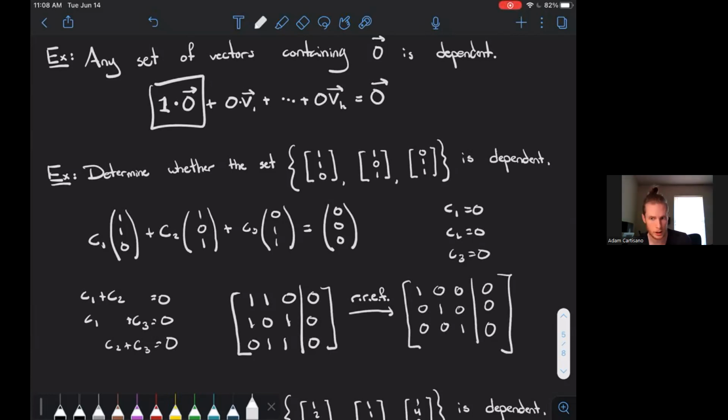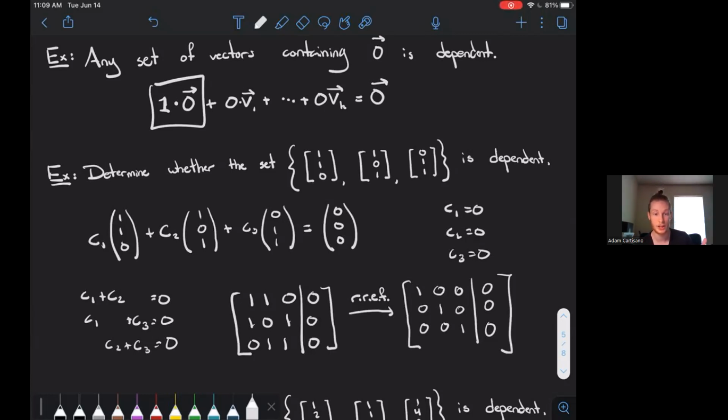In fact, it is the unique solution, right? Because there are no free variables. And C1, C2, C3 are all 0, which means these three vectors form a linearly independent set.